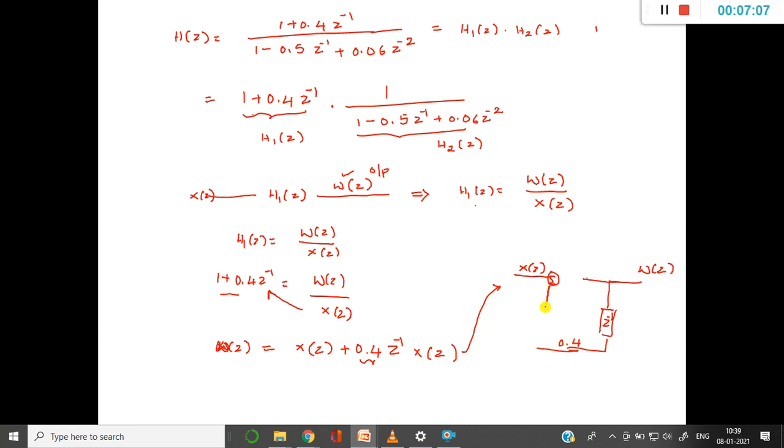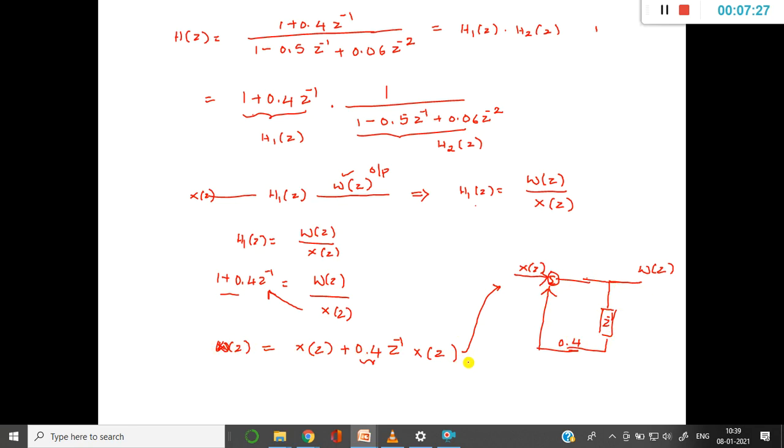This is going to be added with X of z. Now look at this: W of z is nothing but X of z plus 0.4 z inverse X of z, right? So this is how we implement the first part of direct form 1.